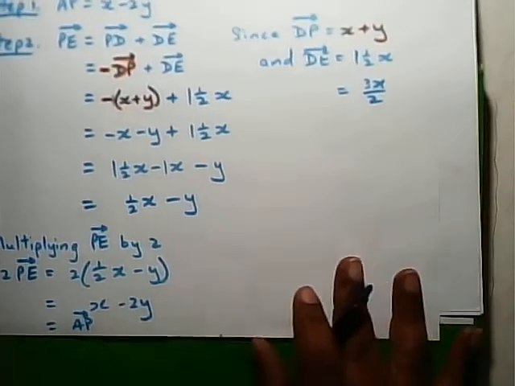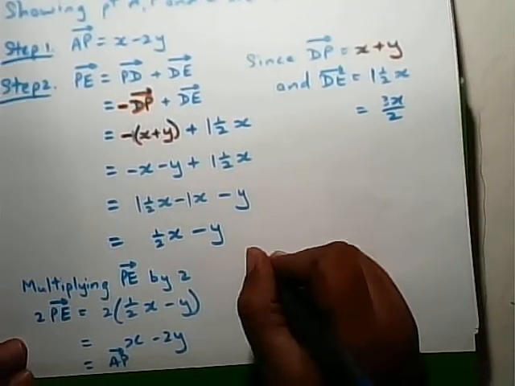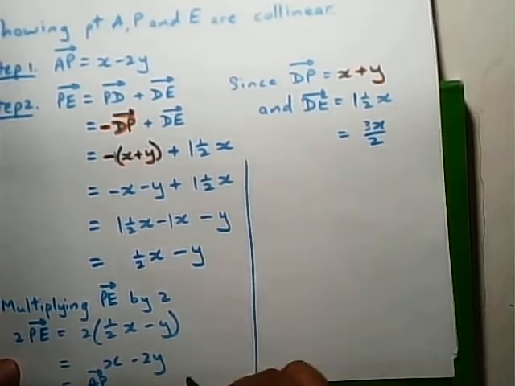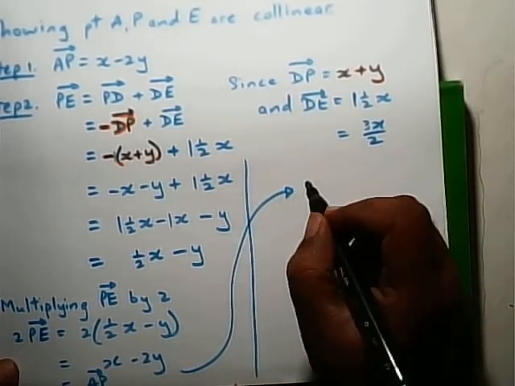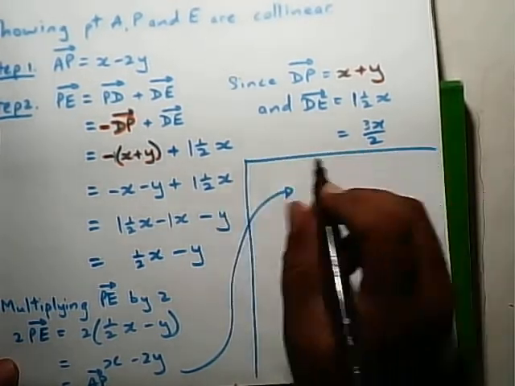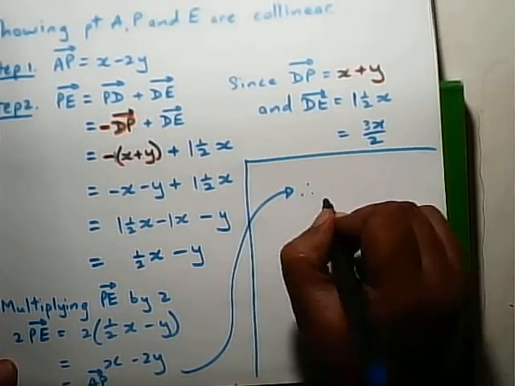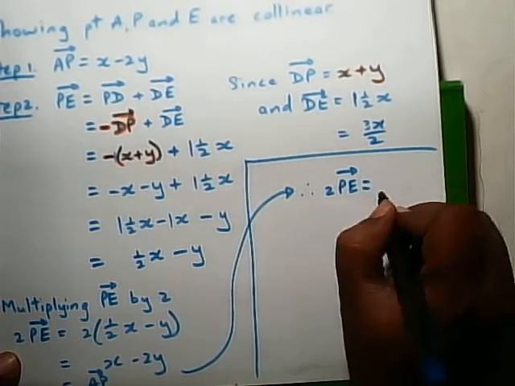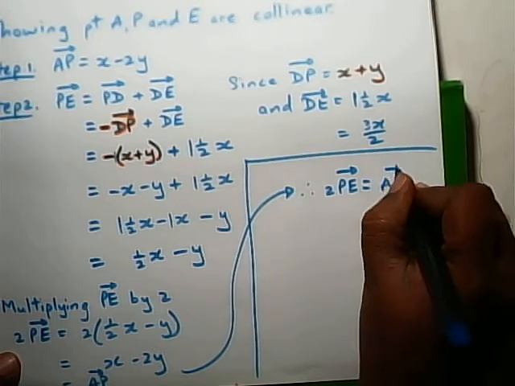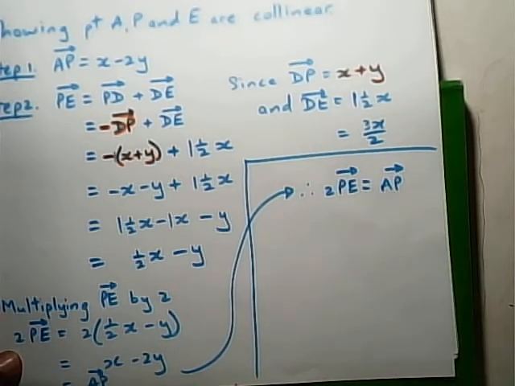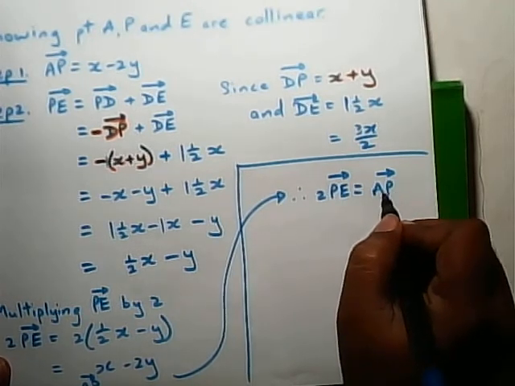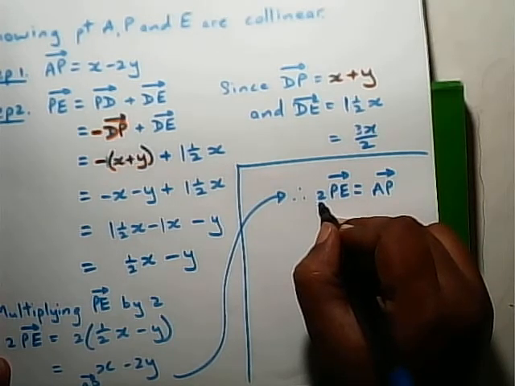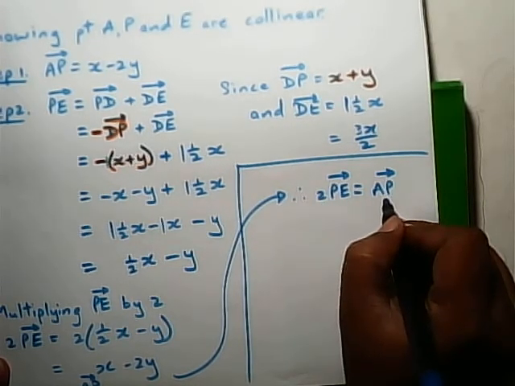So what we just showed is that, therefore, 2PE is equal to 1AP. If you take 1 PE and multiply by 2, you'll get this vector.